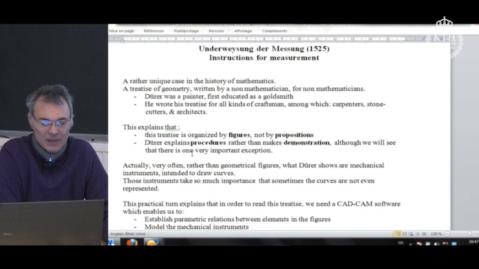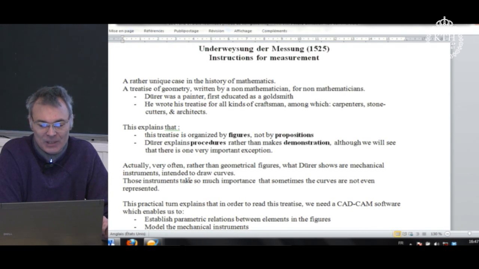So this explains that this treatise is organized by figures and not by propositions. Dürer actually explains procedures rather than makes demonstrations, although we will see that there is one very important exception.